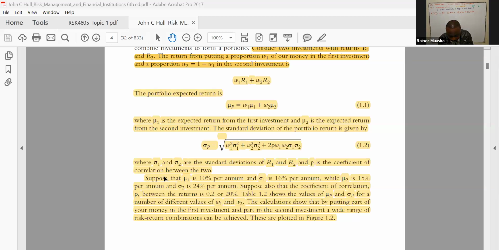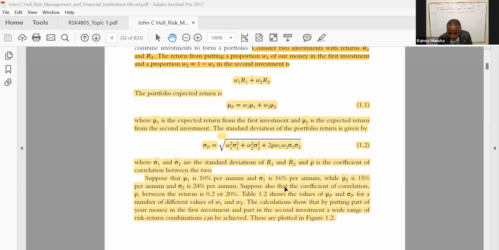So they tell us to suppose mu of asset 1, which is the expected return of asset 1, is 10%, and the standard deviation of asset 1 is 16% per annum. Mu of asset 2, which is the expected return of asset 2, is 15%, and the standard deviation of asset 2 is 24%.